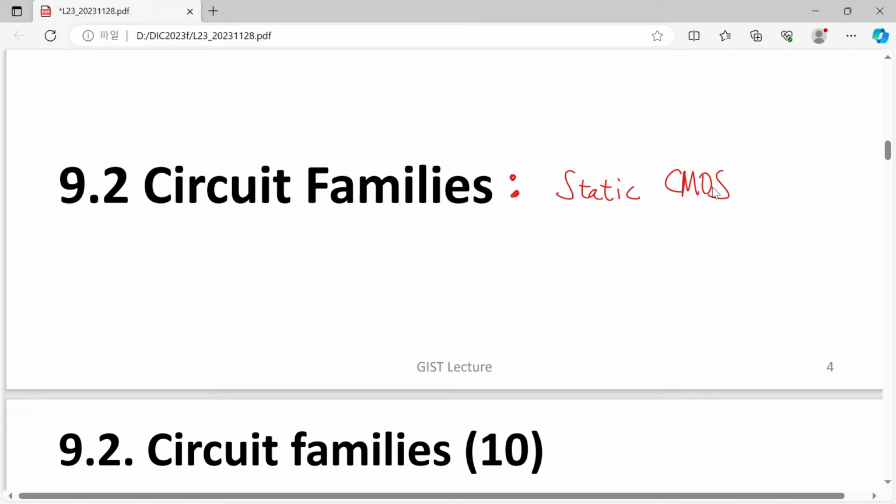If you have sufficient reason to justify your use of another circuit family, only in that case can you use another one. In almost all cases, static CMOS should be your choice.